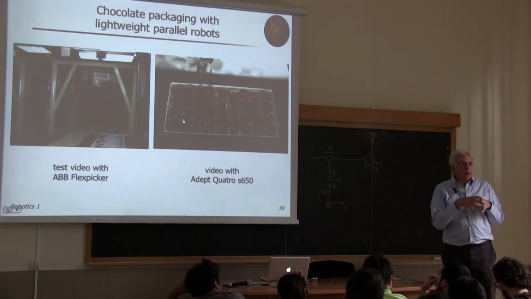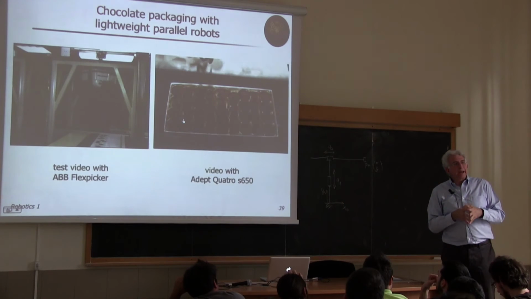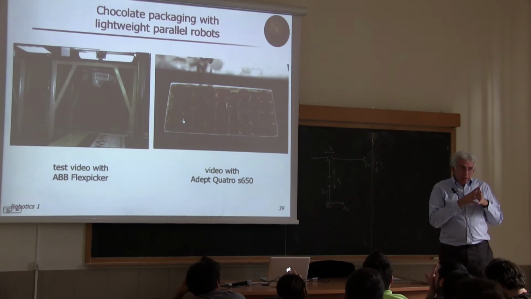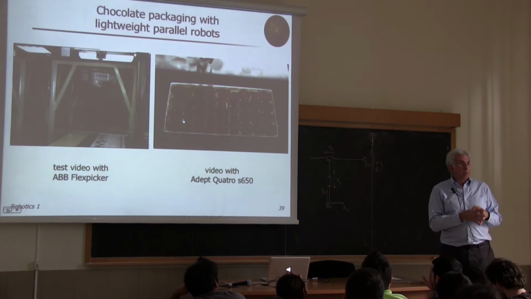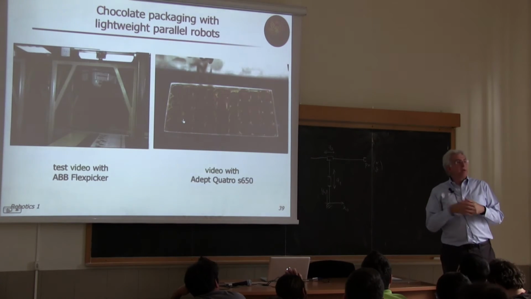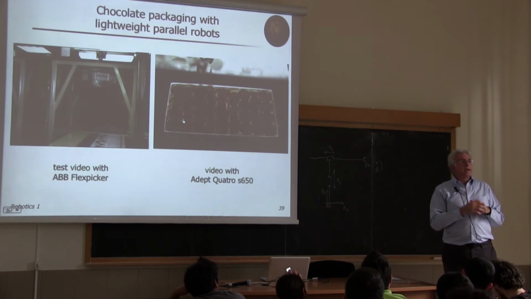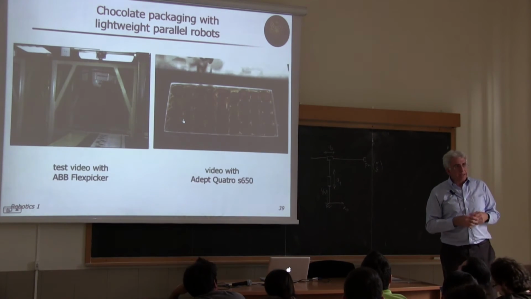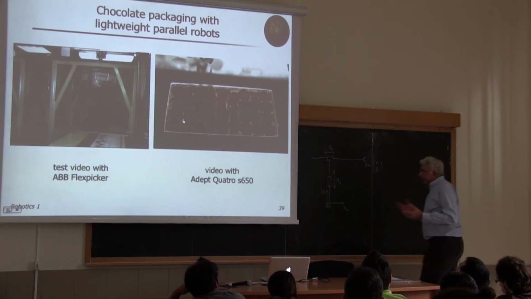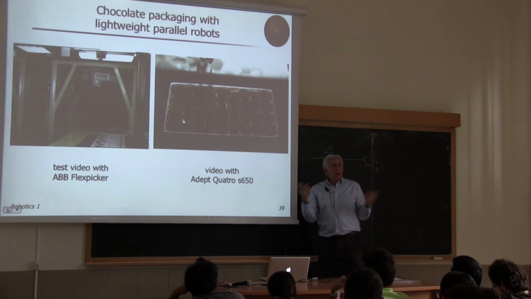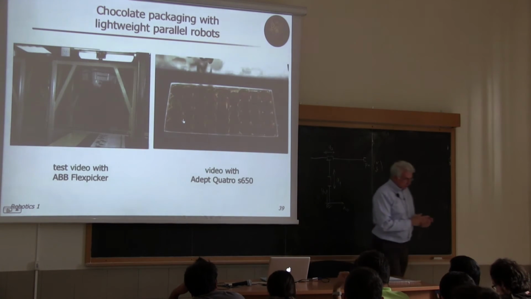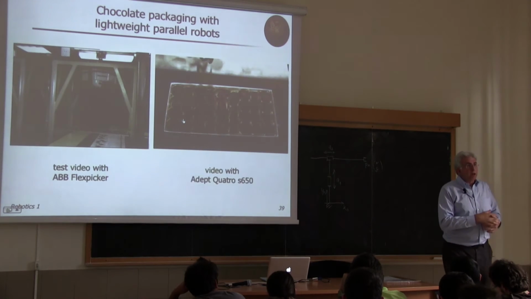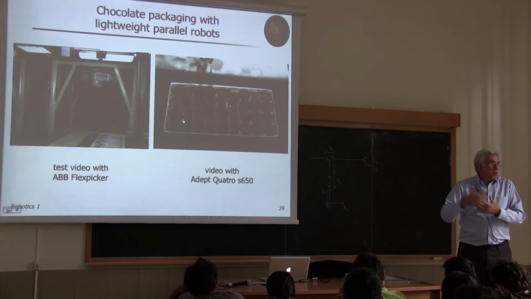Inside the smaller workspace, parallel kinematics guarantees a more accurate positioning and probably more speed and or more capability of sustaining payloads. Okay, so this is why mechanical designers have developed these two types of robot mechanisms depending on the application.